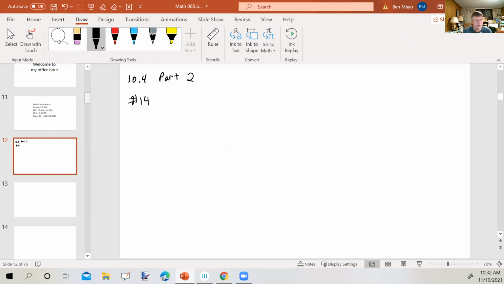If an answer does not exist, write capital D N E. All right, and the function is f of x equals 4x squared minus 28x plus 49. So we have a is 4, b is negative 28, and c is 49.